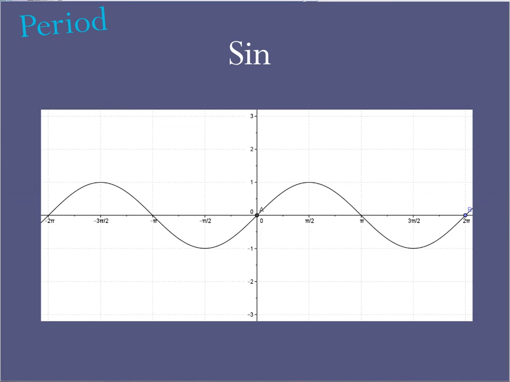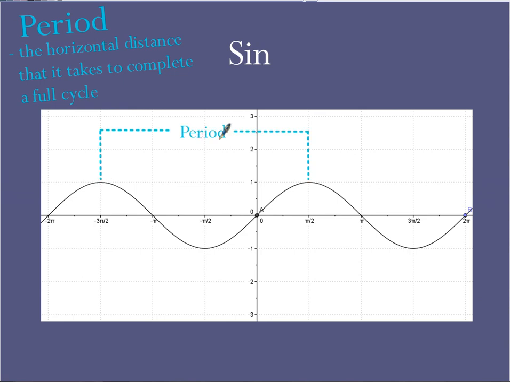Next we have period. Period is the horizontal distance that it takes to complete a full cycle. So we could go from one maximum to the next. We could go from one minimum to the next. Or I could go from one intercept where we're going uphill to the next intercept where we're going uphill.